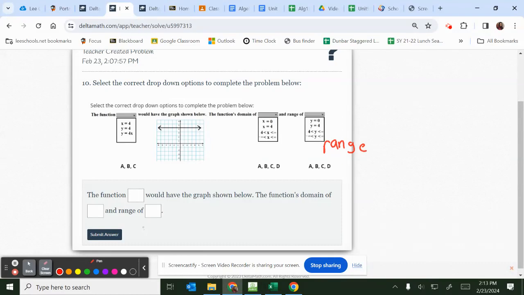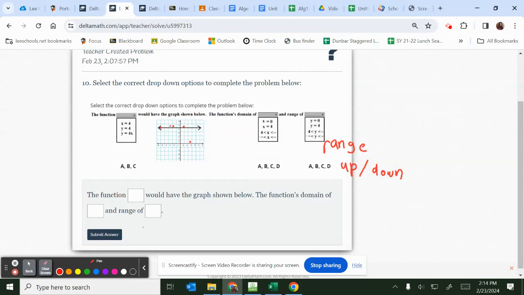Your range, you'll calculate by going up or down. Essentially, I'm looking at this graph right here, and I'm looking as it's going up and down. But if you realize, it's neither going up nor down.